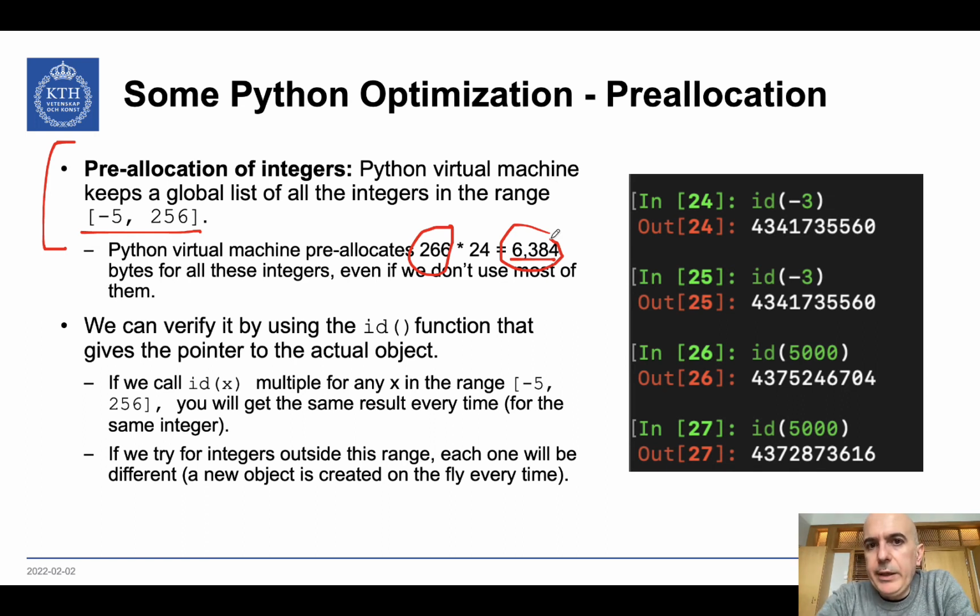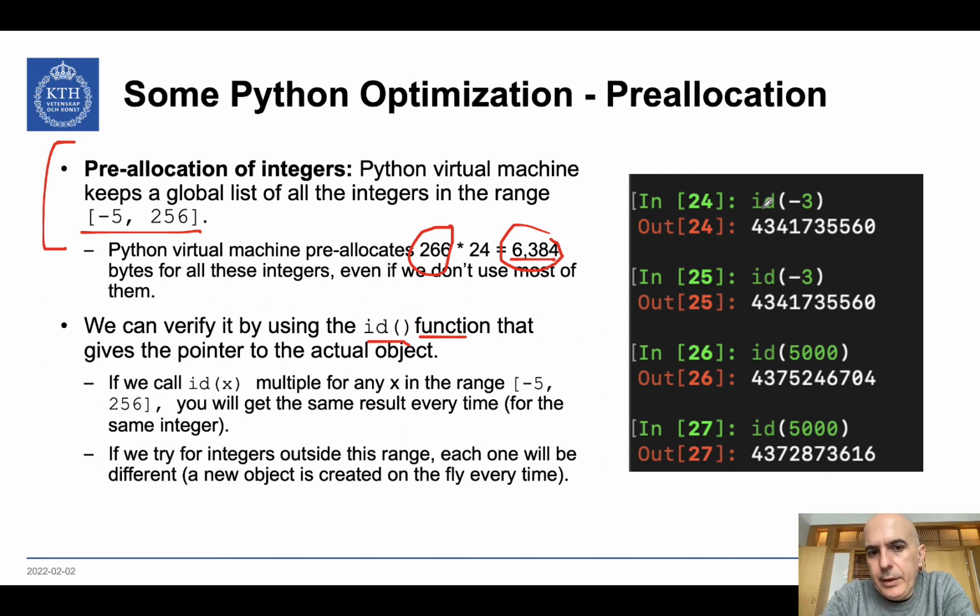We can verify that by using the id() function in Python. It gives the pointer to the actual object. So when we allocate, we get a pointer, and if we allocate something different, we might get a different pointer.